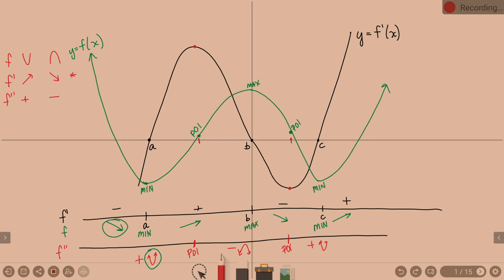Now, here's one thing that I noticed. As I look at my green that I just drew in here, f of x, notice it has that W shape, which is like a 4th degree problem. The black was my first derivative, which is like a cubic, 3rd degree.